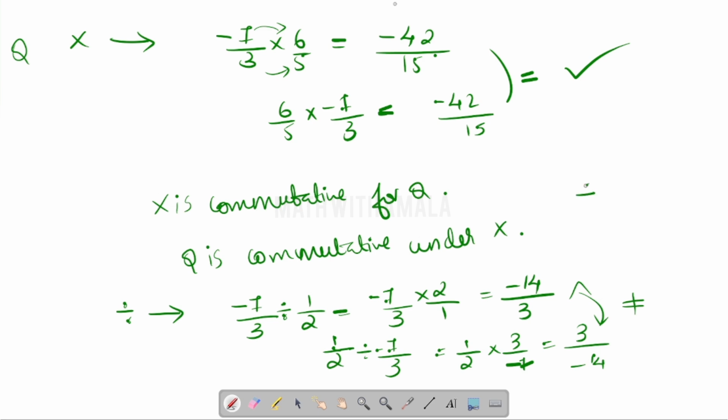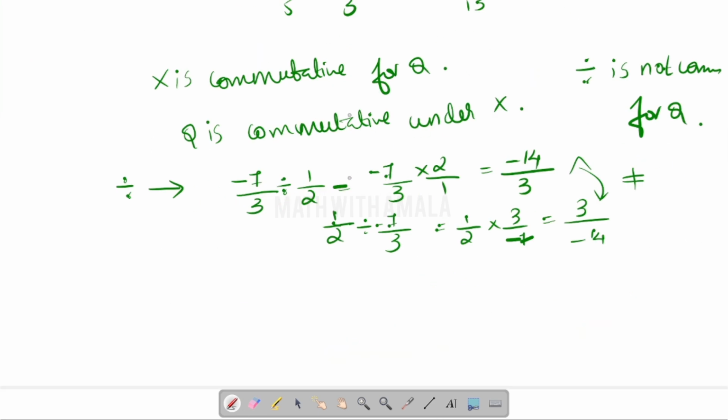It is visibly clear that these two numbers are not equal. So we can say division is not commutative for Q. In other words, rationals are not commutative under the operation division. So Q is not commutative under division. So this is all about the closure property and commutative property.